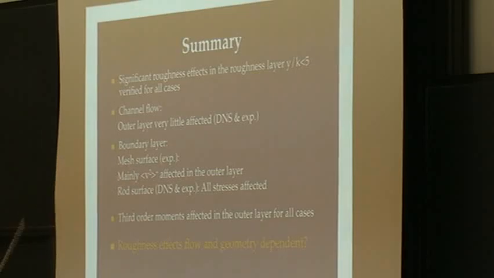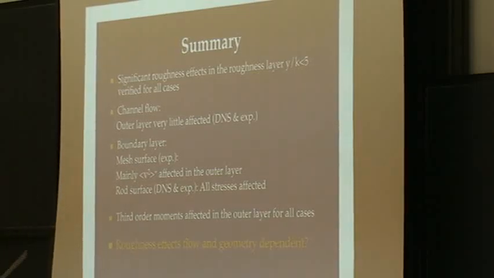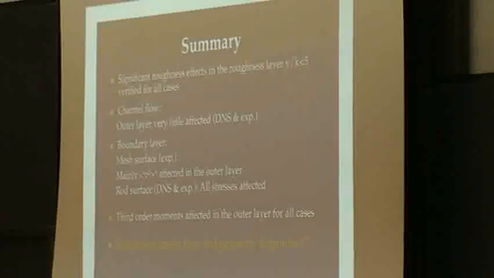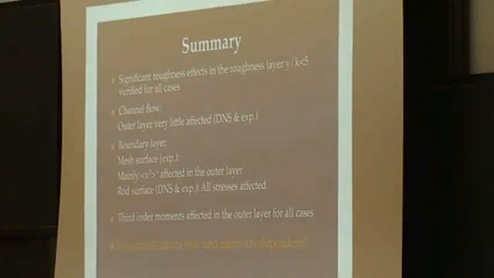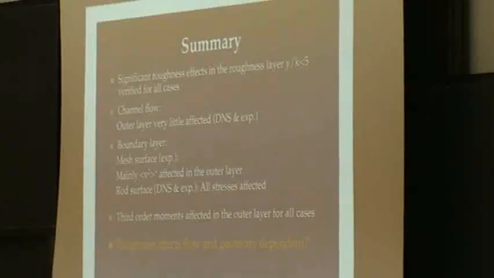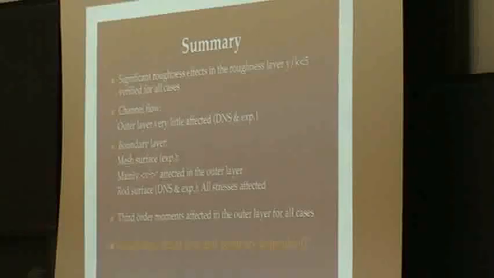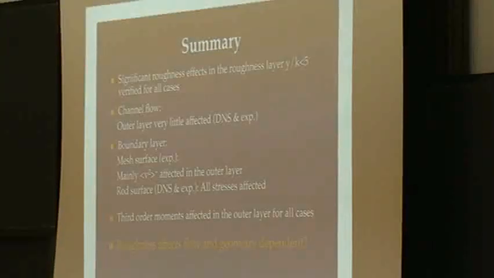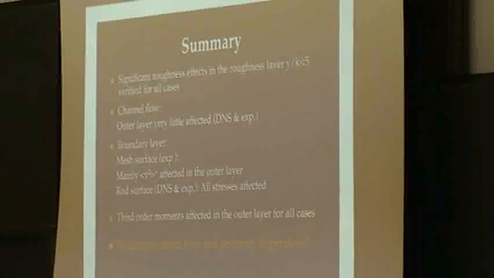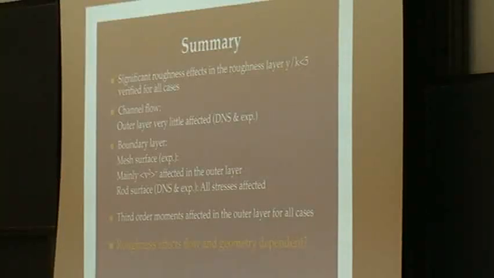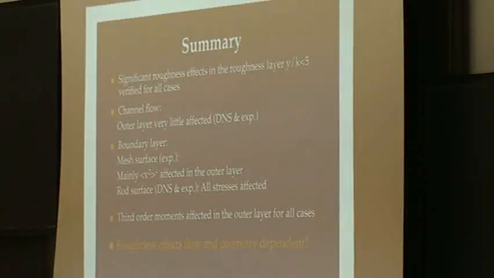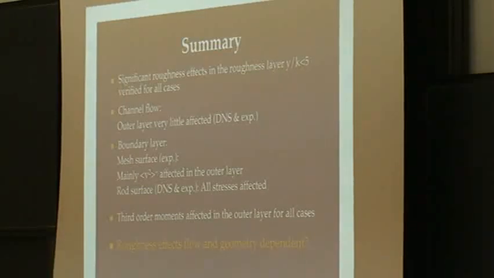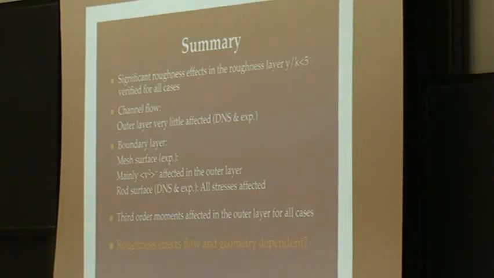But in the boundary layer, we can argue how large the effects are, but they seem to be influenced by the surface roughness. And I didn't show you, but there seems to be a significant effect on the third-order moments as well, which means that the turbulent diffusion has changed, and it must change if you change the stress profiles.